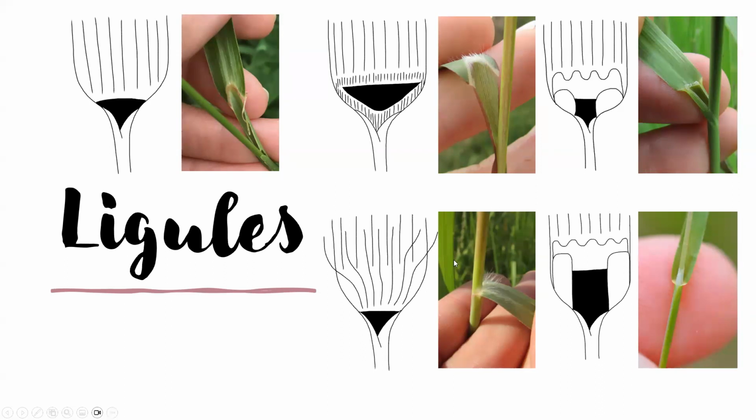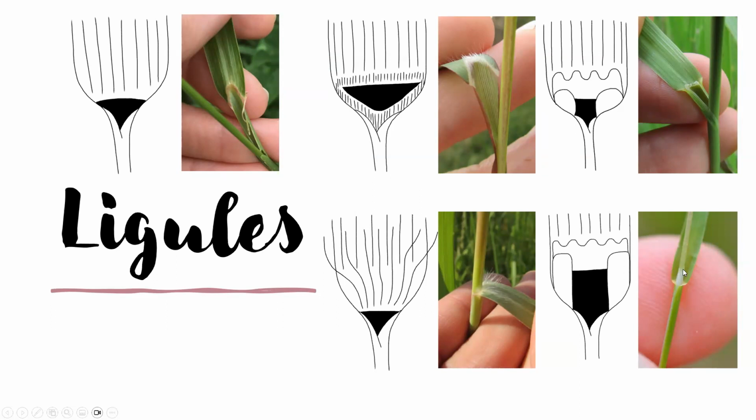We can have a ligule that's made of hairs, as we see in these 2 photos, or we can have something called a membranous ligule, found in these 2 photos, which is a membrane-like structure that's usually white, but can be yellow, orange, or brown, and is kind of like a piece of skin wrapped around the stem.